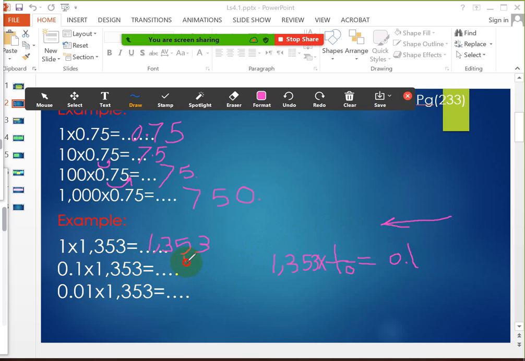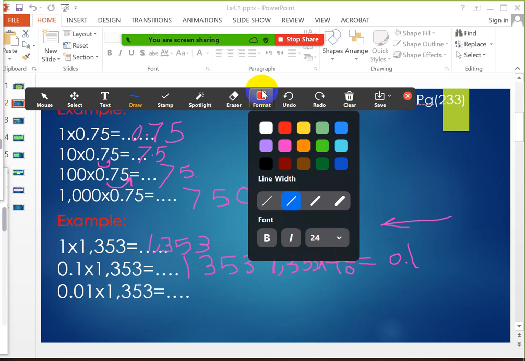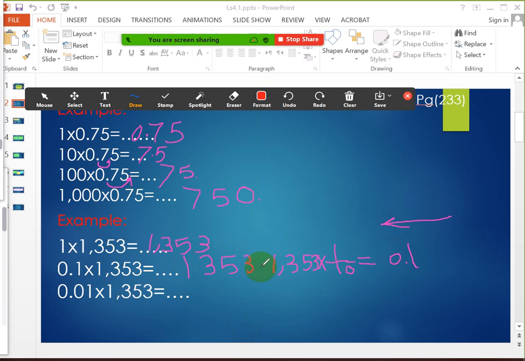So that means you have to move the decimal point on this number 1 digit. So let's move it. This is 1, 3, 5, and 3. Okay? The decimal point will be right here all the time. And I want to move the decimal point just 1 digit, so it will be from here to here.